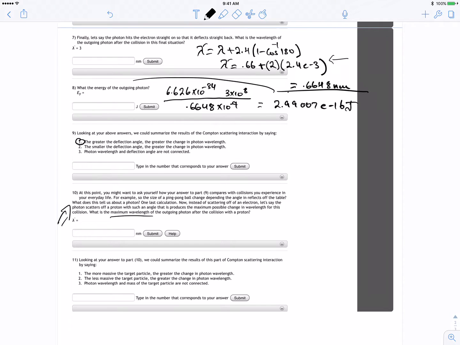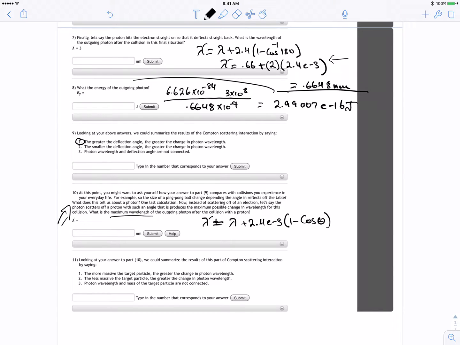Lambda prime equals lambda plus 2.4 e to the negative 3 times (1 minus cosine of theta).